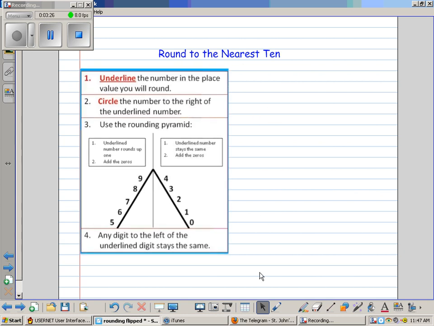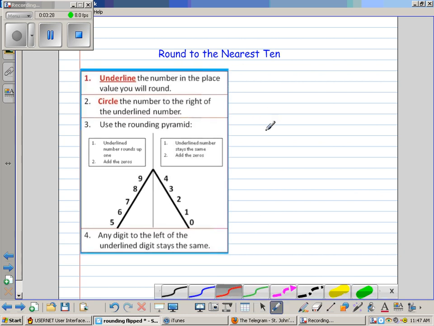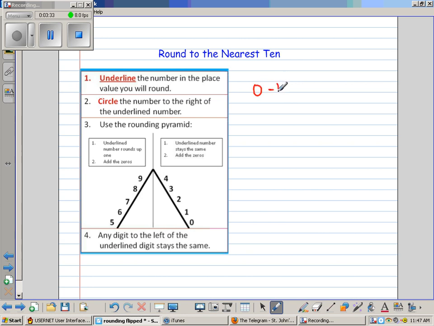If the number is, like it says, 0 to 4, nothing changes, or it goes back down. If it's 5 or above, round up. I'll put 2 practice problems here for you right now.